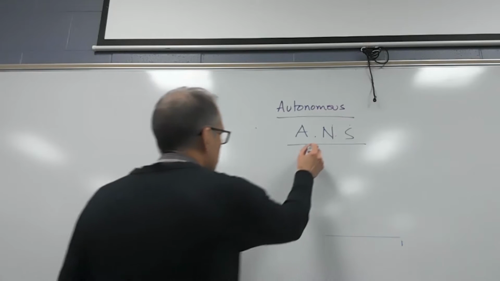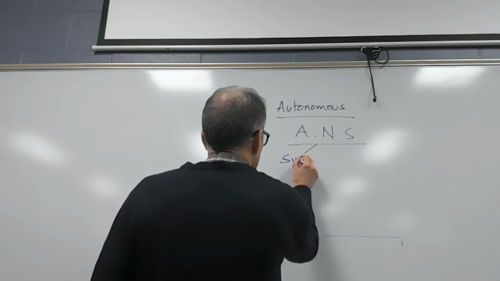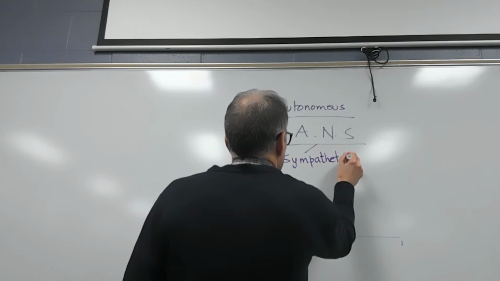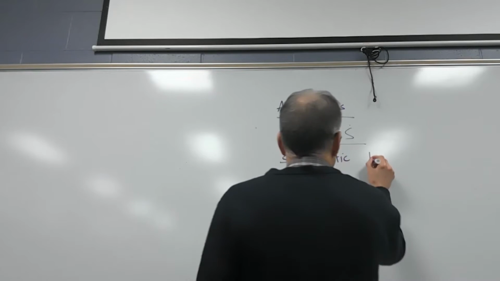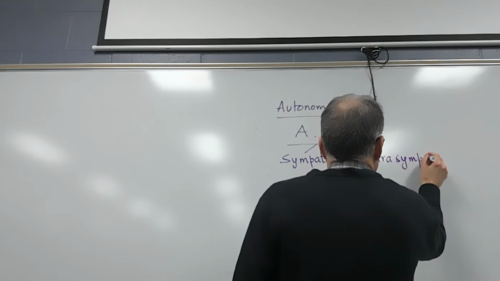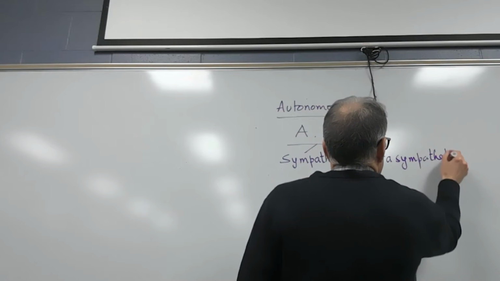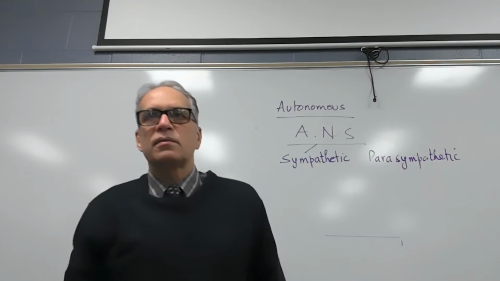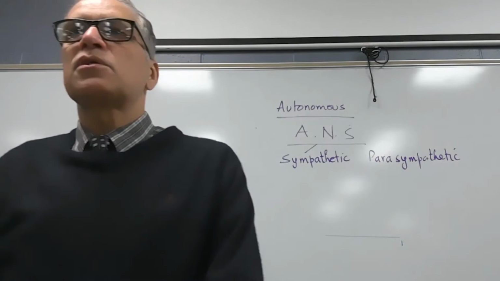And it has got two divisions, sympathetic and the other division is parasympathetic. Now, sympathetic and parasympathetic, these are the two divisions of this system.